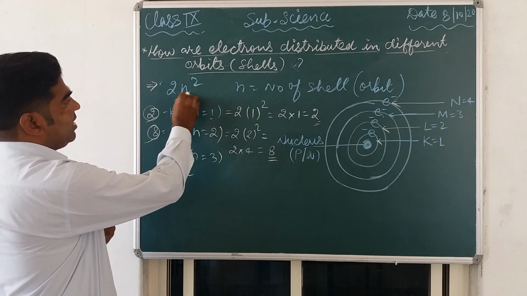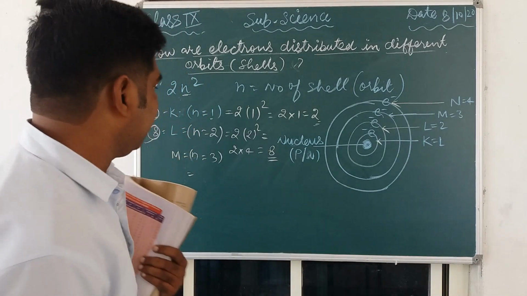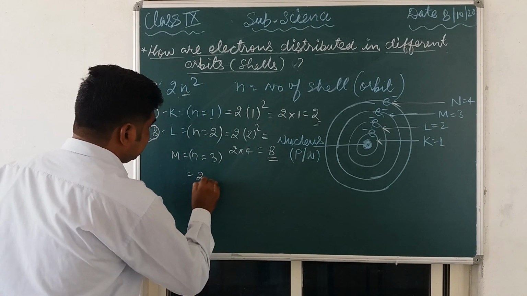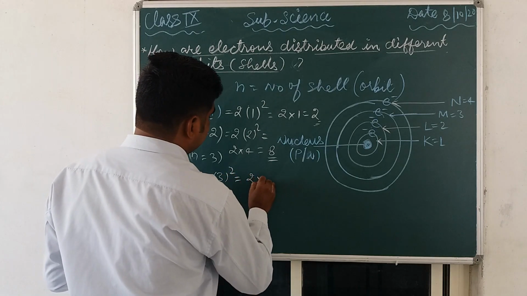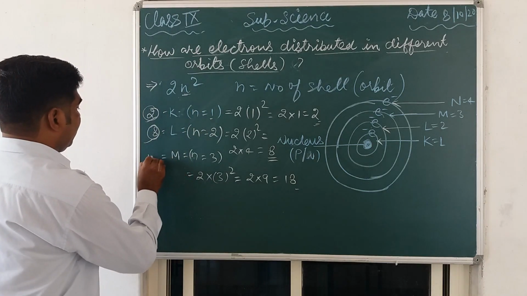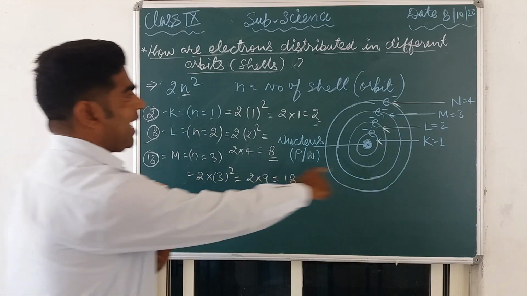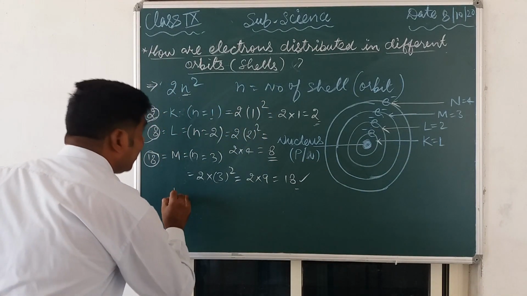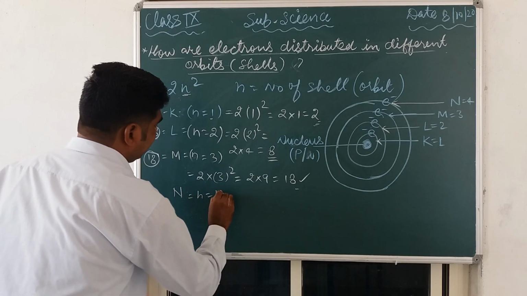Put the value of n equal to 3: 2 into 3 square, so 2 into 9, means 18. So the maximum number of electrons that can be occupied in the third cell, the M cell, is 18. For the fourth cell, n is equal to 4.